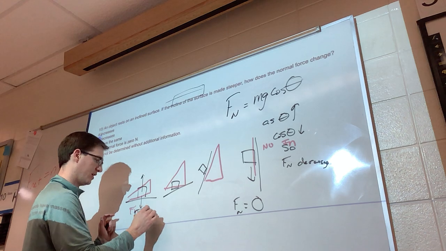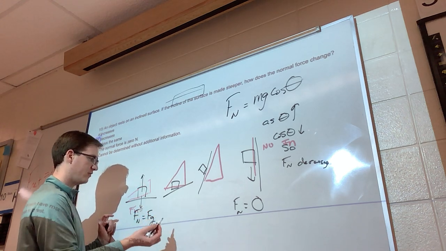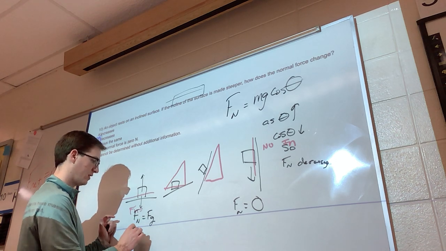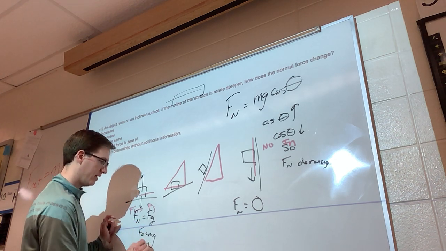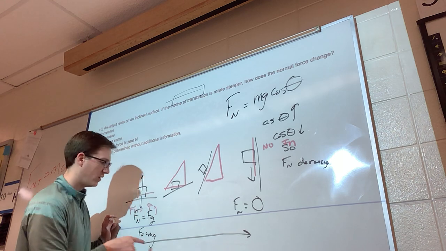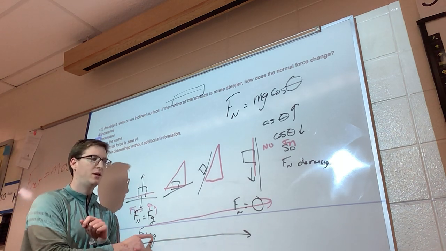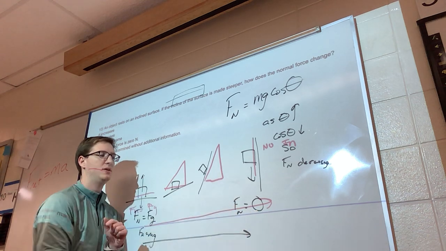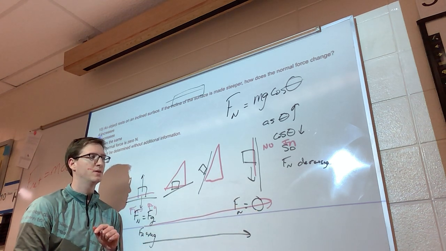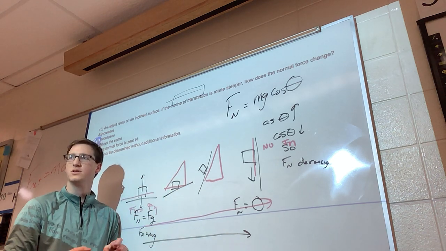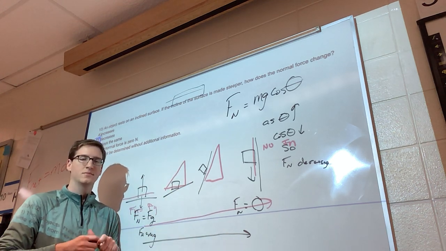Fn is equal to Fg if it's on flat ground. So Fn is equal to mg. And so it's a progression where Fn is the biggest at being mg, and the smallest at being 0. Right. So as your angle increases, the normal force decreases. That makes sense.